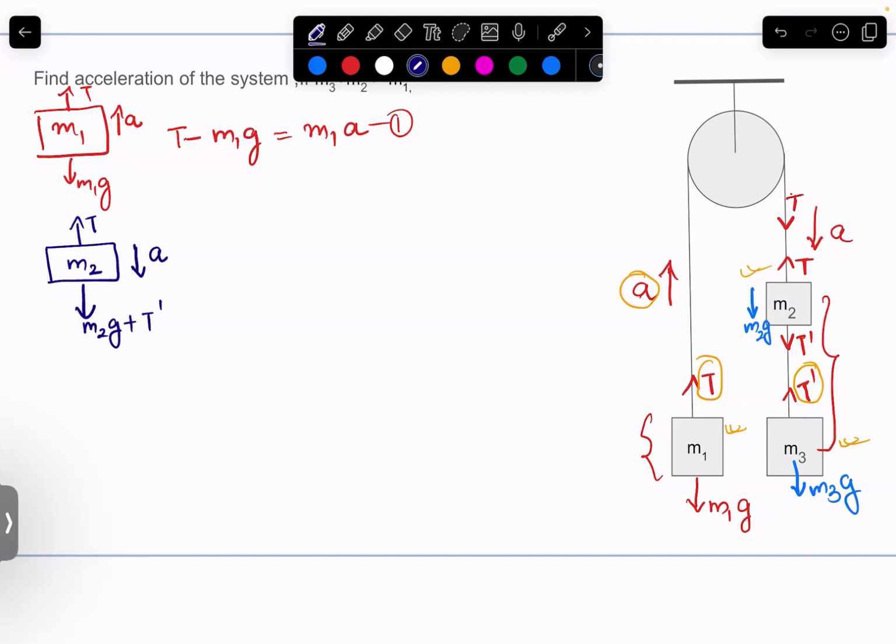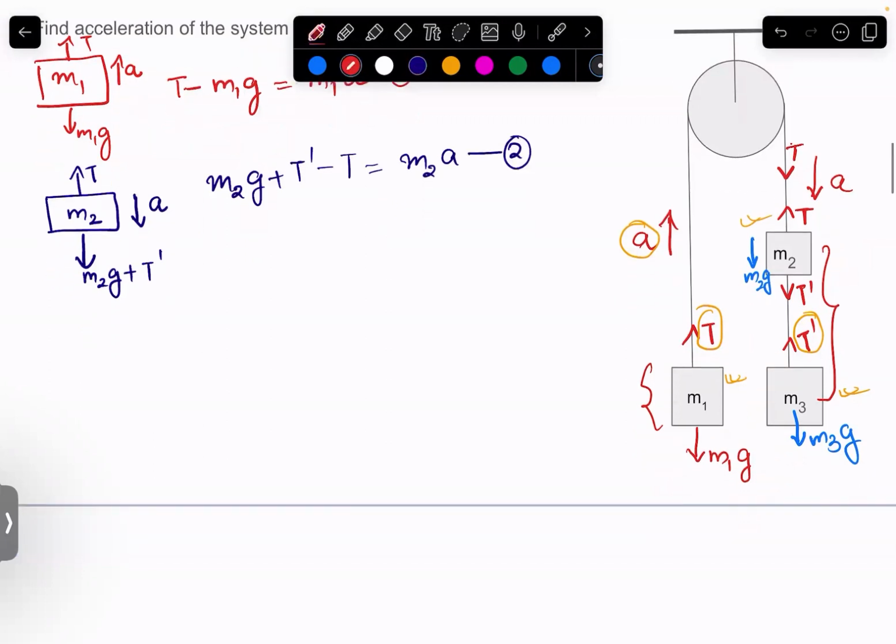Right. So what will happen? You can equate all the net forces to mass times acceleration. So that is m2g plus T dash minus T equal to m2a. That is equation 2.